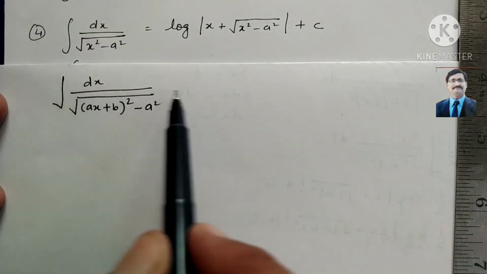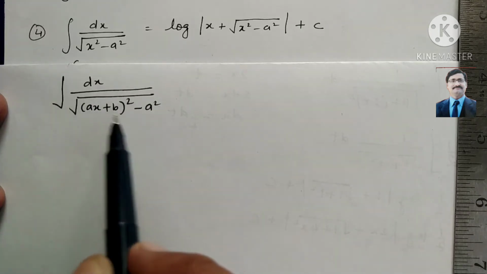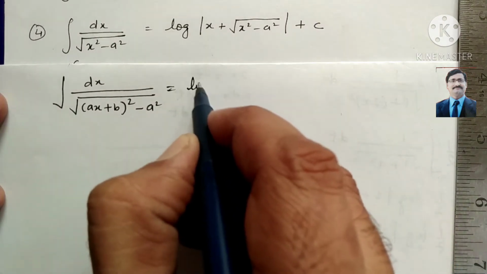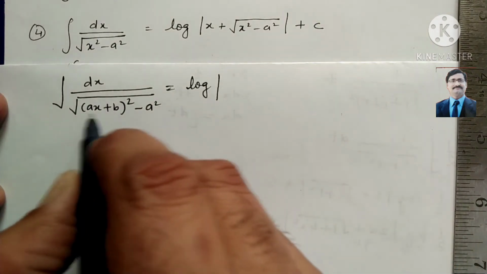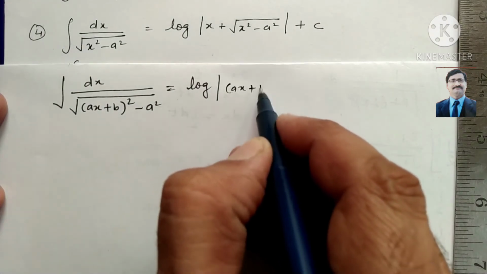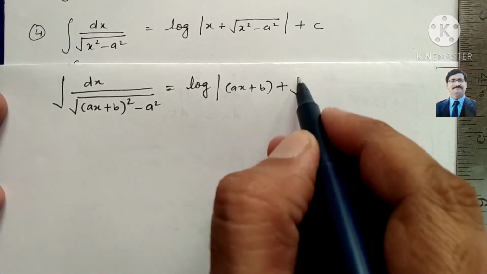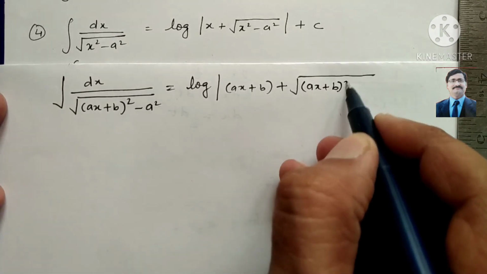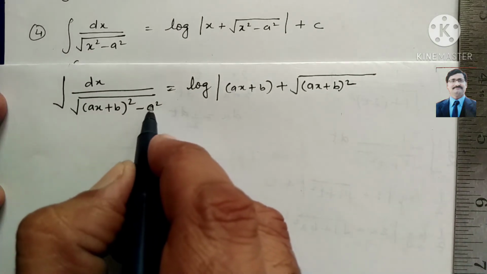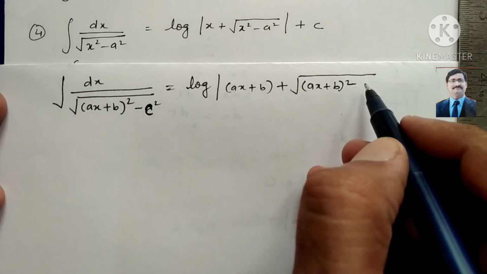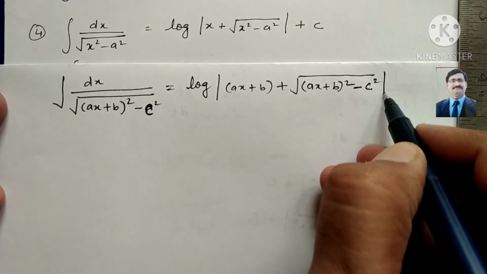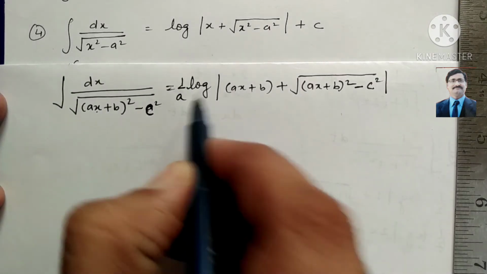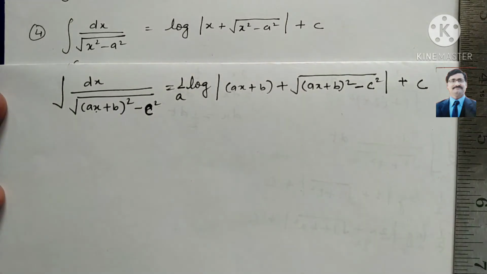The integral of dx upon root of (ax plus b) whole square minus c square is equal to log modulus of (ax plus b) plus root of (ax plus b) power 2 minus c square, and here the coefficient of x is a, so we have to divide by a, plus c.